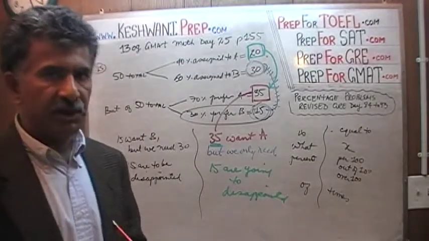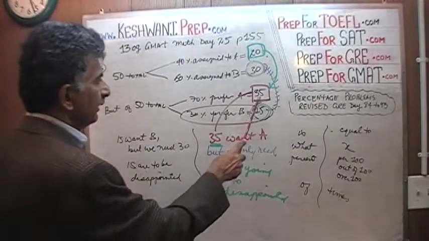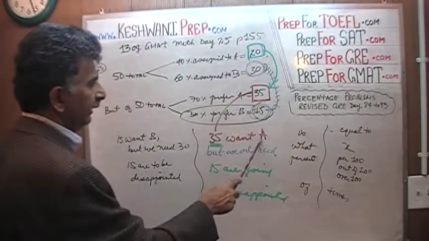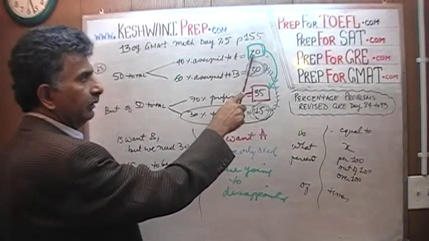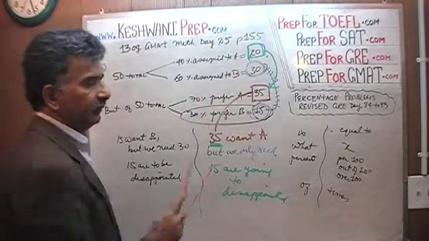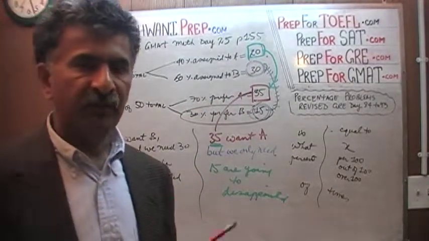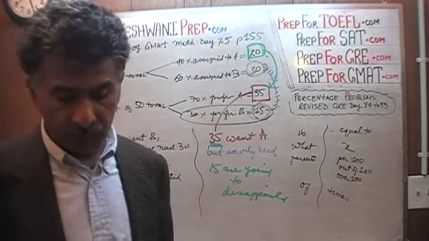And that's not going to change even if you look at it the other way around. 35 people want to work on project A, but we only need 20, which means by definition we're going to have to assign 15 people to project A who really didn't want to be there, but we have no choice.